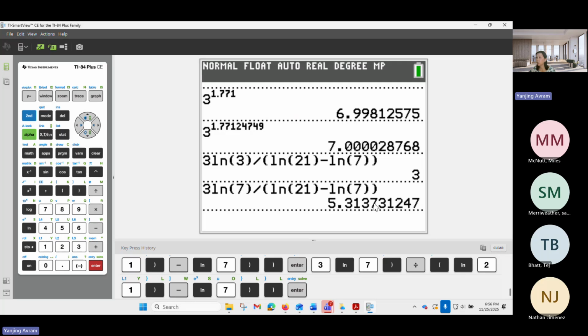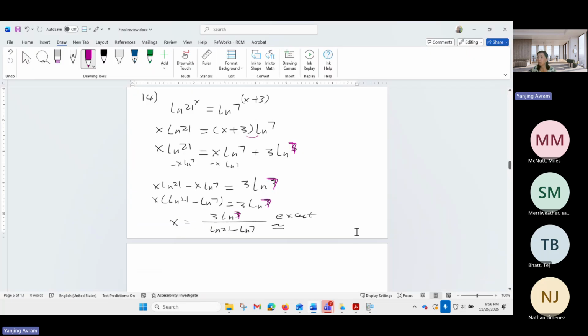My fourth digit is 7, so you need to round up, right? So 5.314. Okay, 5.314. All right, so that's how you estimate to 3 decimal points here. I just wrote it down wrong: 3 times ln 7 should be 3 ln 7 here.